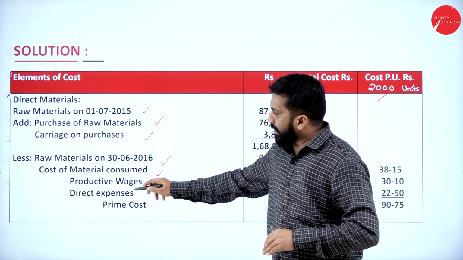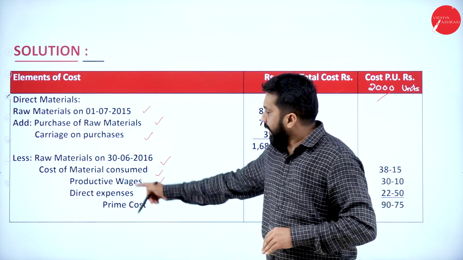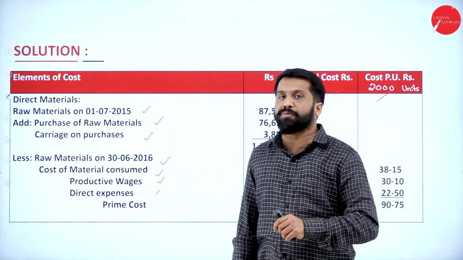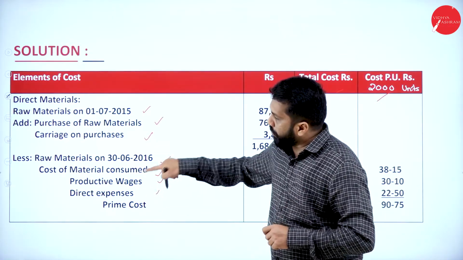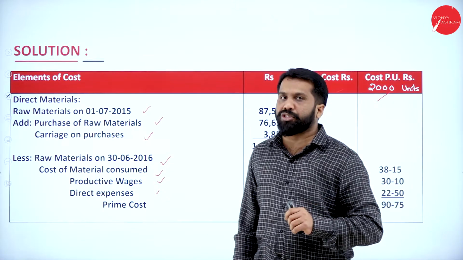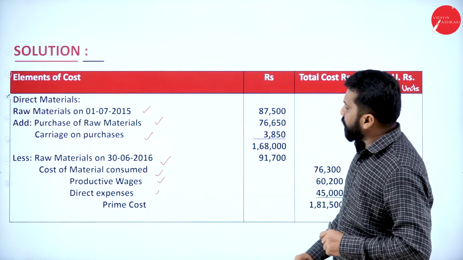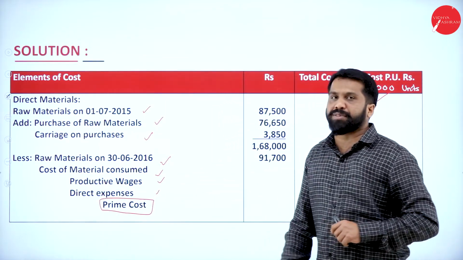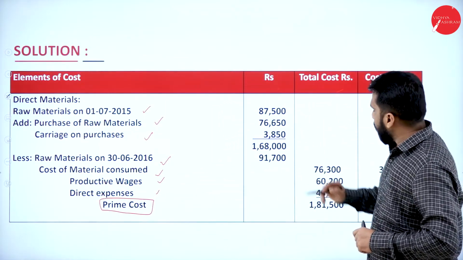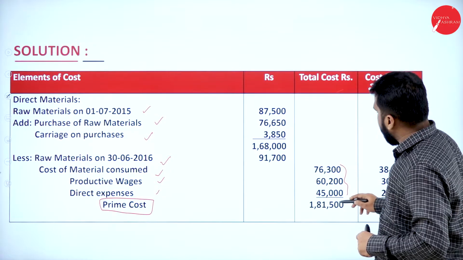Direct expenses are given directly, but direct wages they have mentioned as productive wages. Remember, productive wages are also called direct wages. Up to this we are done. What did we get? We got your prime cost, the total answer.